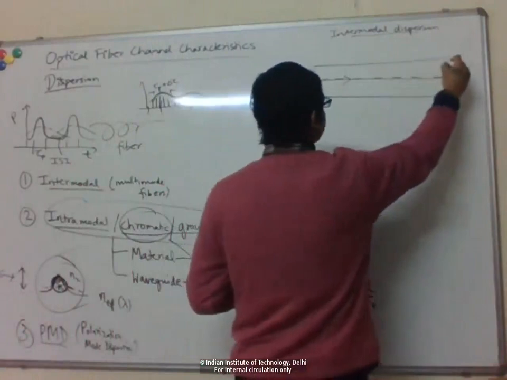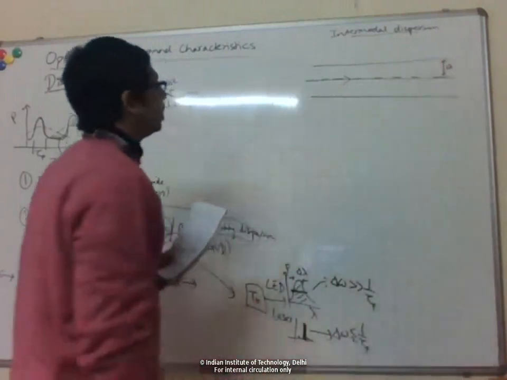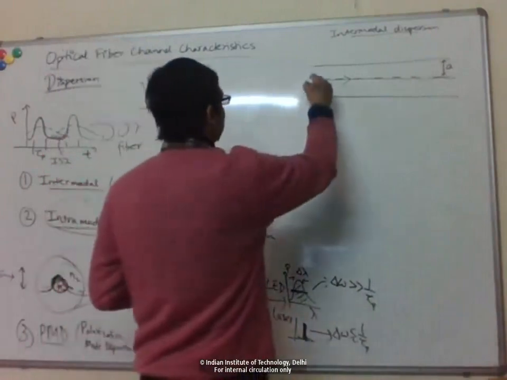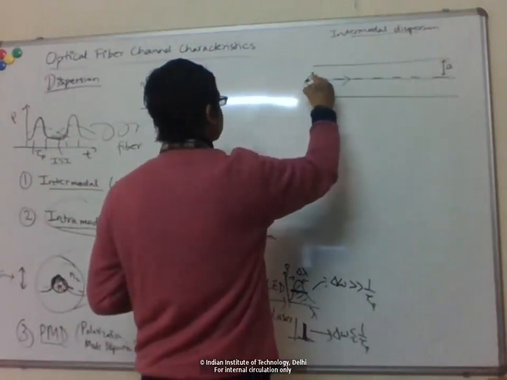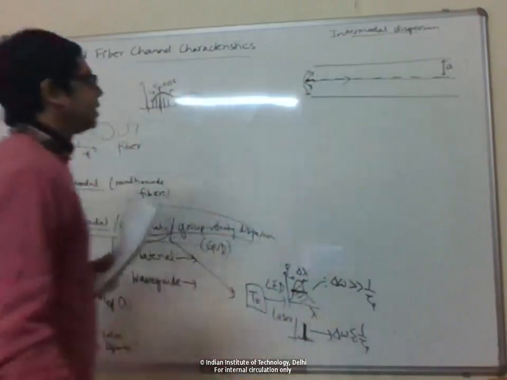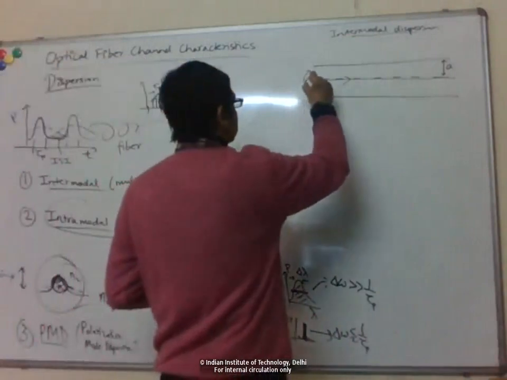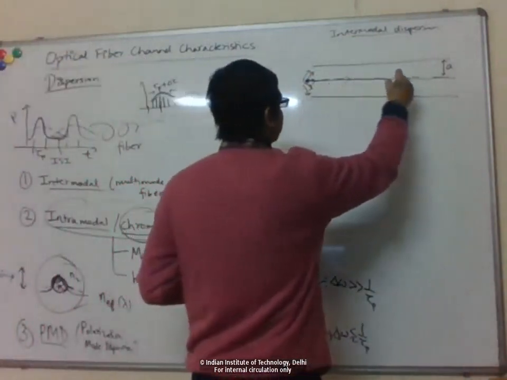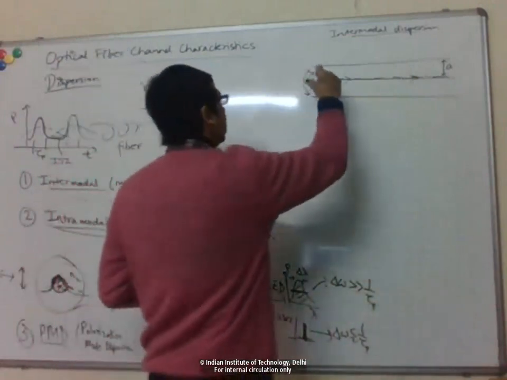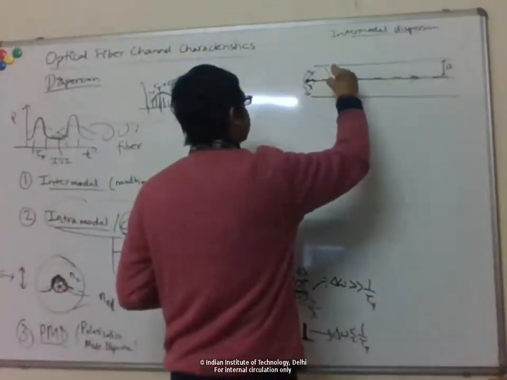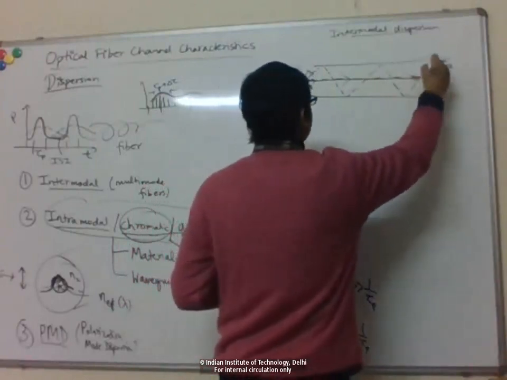So this represents the core region, and this is the core radius a. So at the input, let's say my light source launches rays at all different angles, right? The ray which takes the shortest path would be the one that goes straight through. Rays which go at an angle, of course, take longer paths, right?